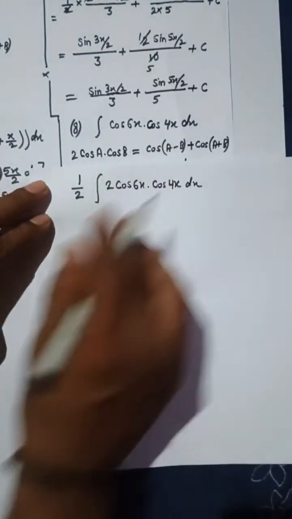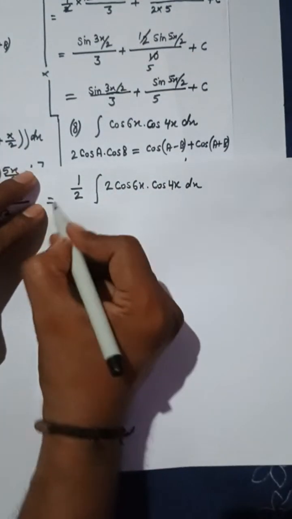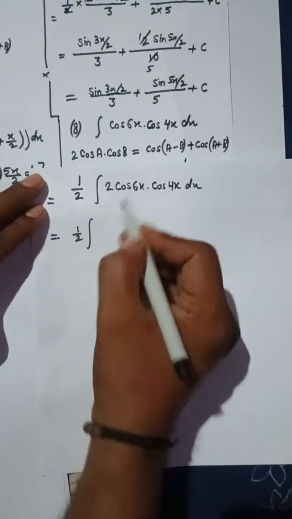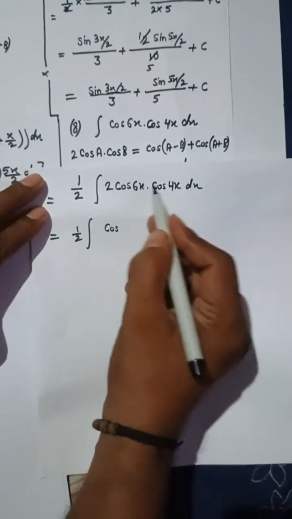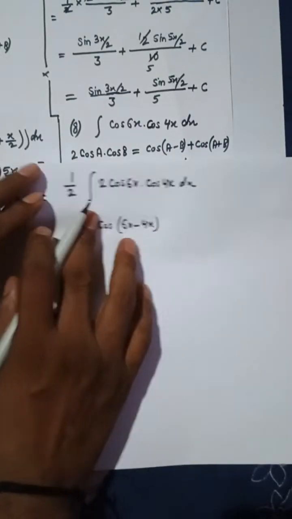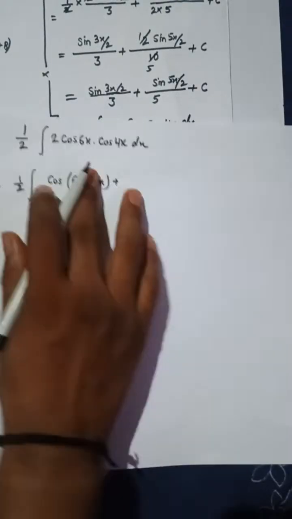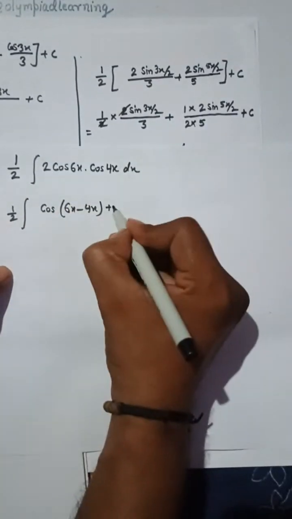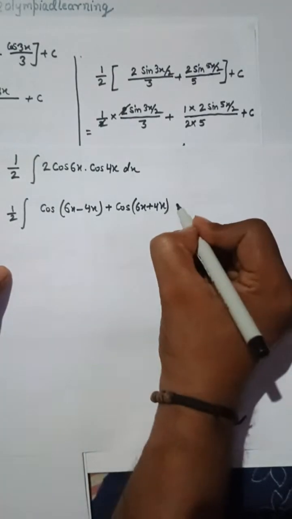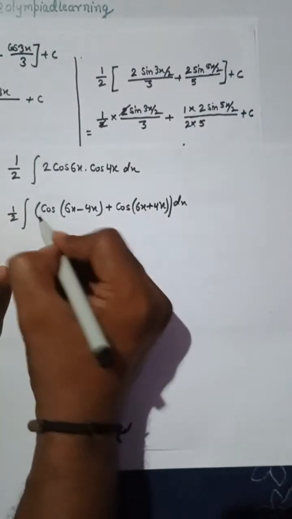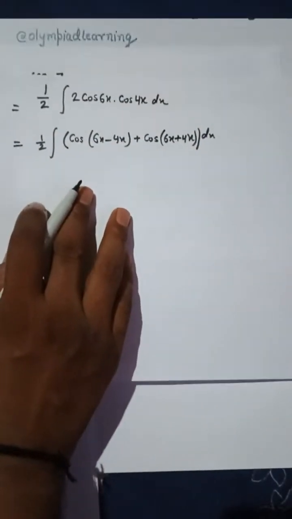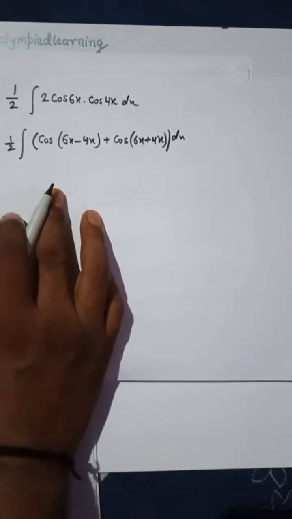This formula can be put easily, so I'm just going to use this formula now. 1 by 2 integration, and this is cos 6x minus 4x, and then plus cos 6x plus 4x, then dx, bracket. Okay, now I can easily solve this because we have already set up all the things, right?